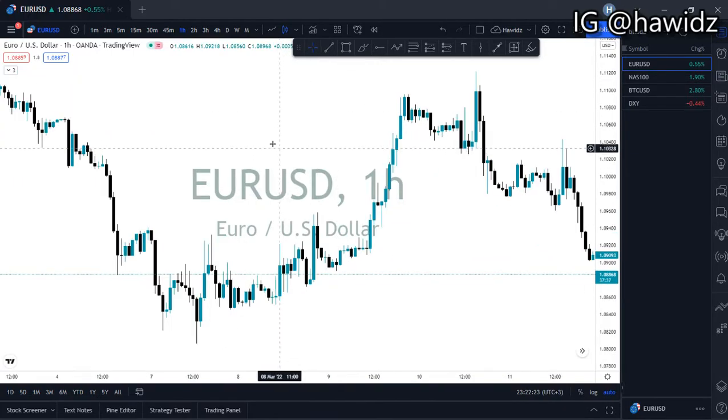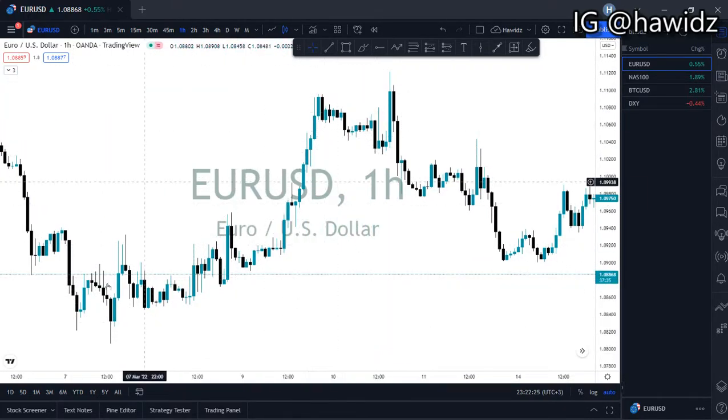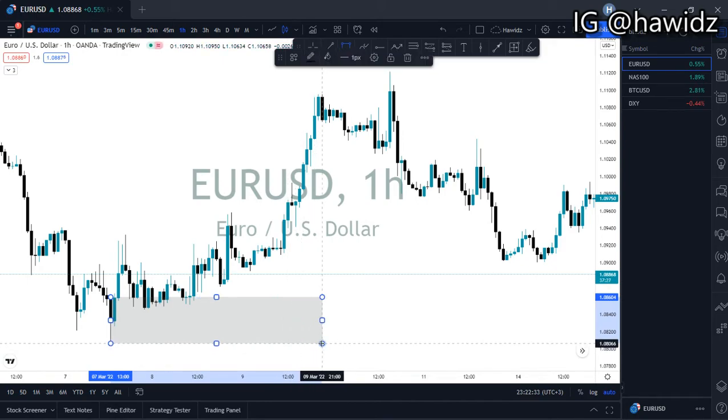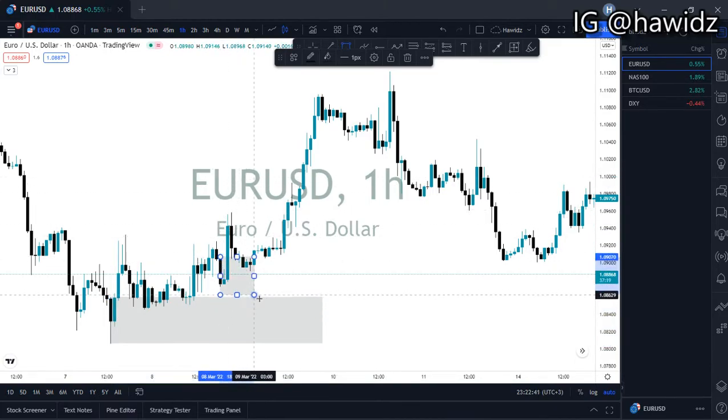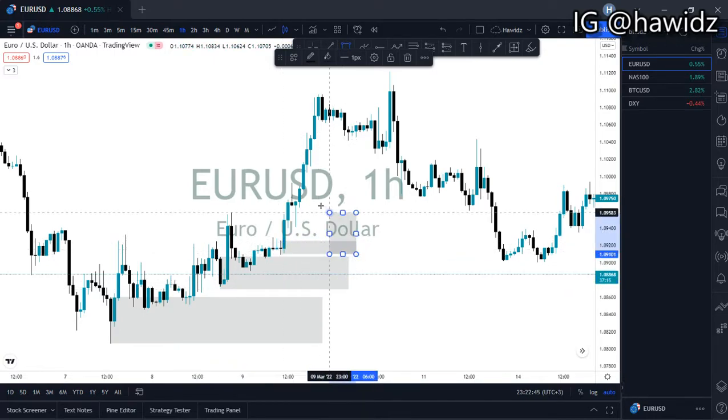Okay, let's get into it. So having this move here, where is our demand zone, right? This right here is our demand zone, right? And notice something, you're gonna be having multiple zones. This here is our demand zone. This here is our demand zone.